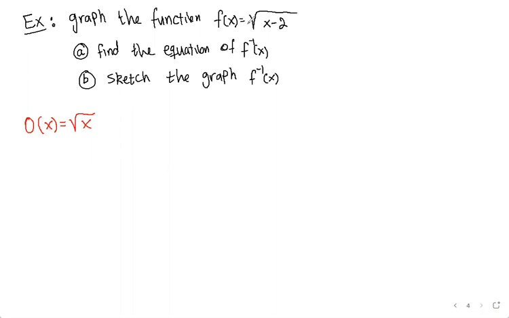Now the function we need to graph is f of x equals square root of x minus 2. What is the meaning of minus 2, William? It'll move the original one two units to the right, I think. Yes, exactly. We move this function 2 units to the right. This is the graph of f of x.